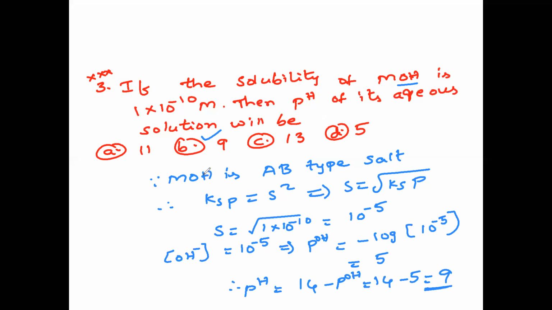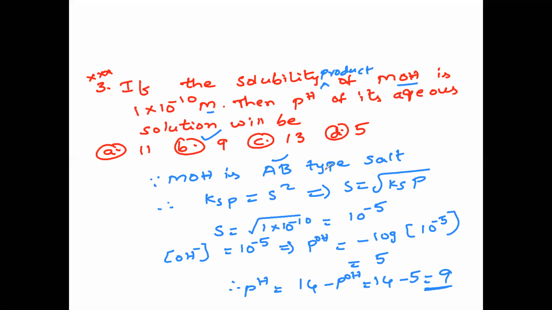So in this way, this is the extension of Ksp. When they give the solubility product of MOH type salt as 1 in 10 to the power of minus 10 molarity, then the pH of its aqueous solution becomes? As they have given the solubility product, we can find solubility by identifying the type of salt.